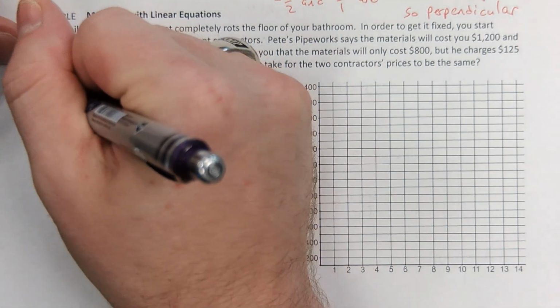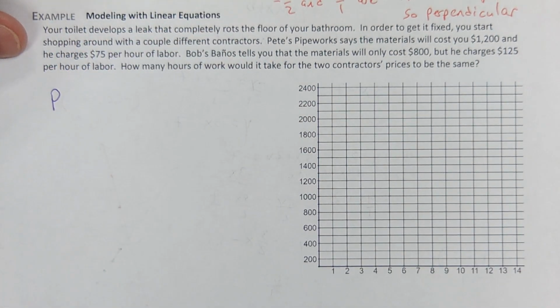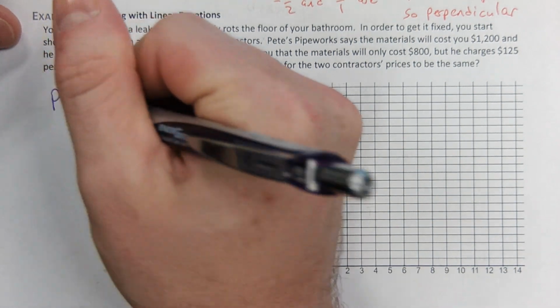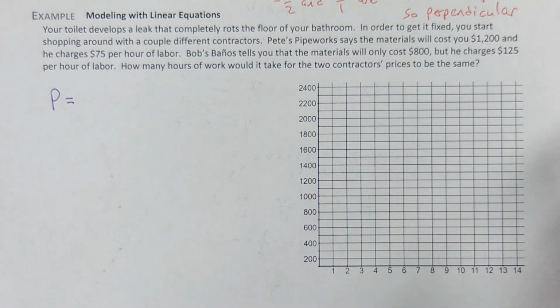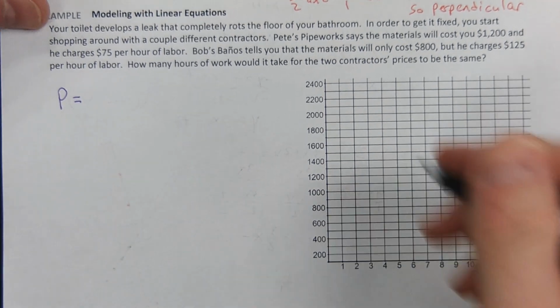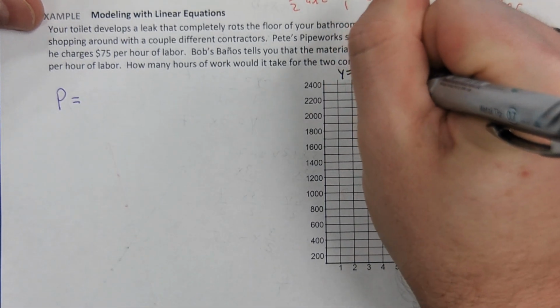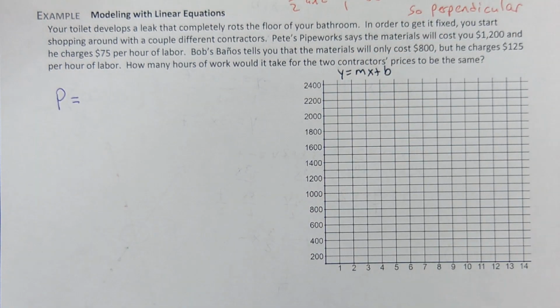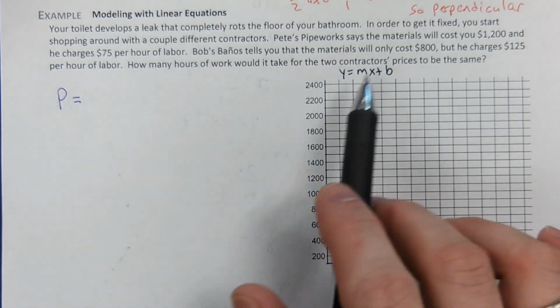Pete's will be purple because purple starts with a P. Pete's Pipeworks is going to charge you $1,200 for materials. If he works extra long, does the price of the materials change? No. So what part of slope-intercept form is the part that doesn't change over time?